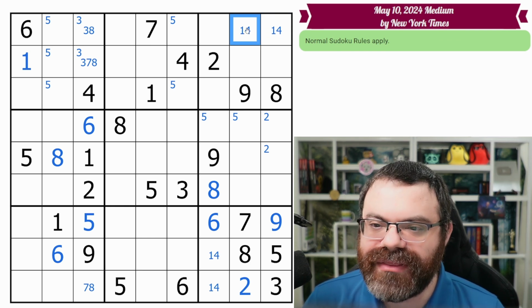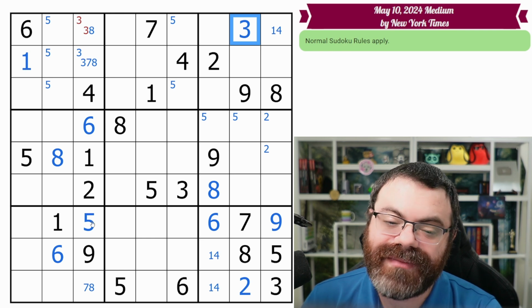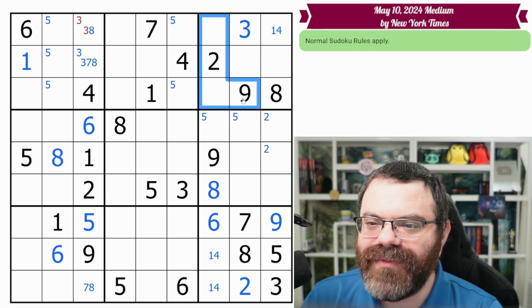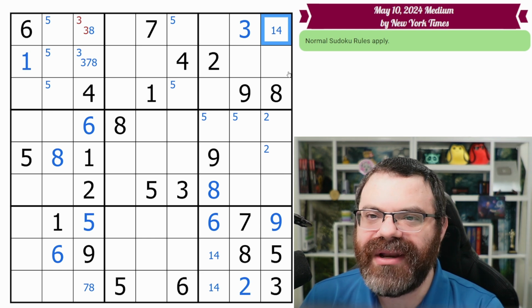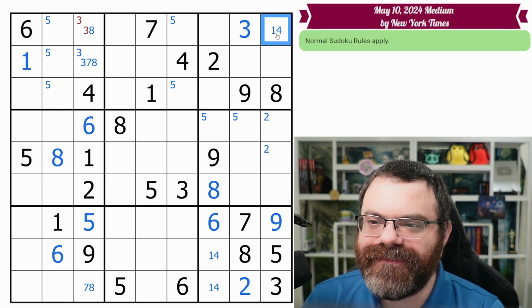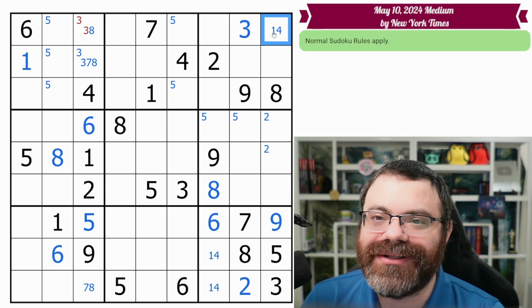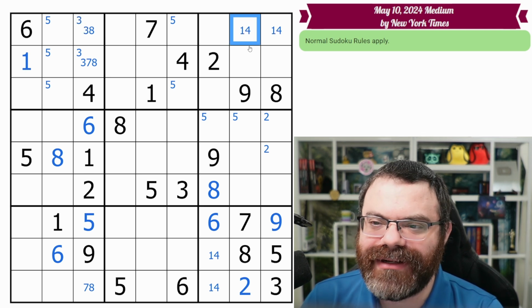So for example, we thought this cell could be 3. There's no reason to think it couldn't be 3, except this may remind you of my explanation of the 5, except if this was 3, then we would only have 1 cell left for 1 and 4, and they'd be fighting over that cell, and no one wins in that case. We need 2 cells for the 1 and the 4, and we don't have it anymore. So this can't be a 3 for that reason.